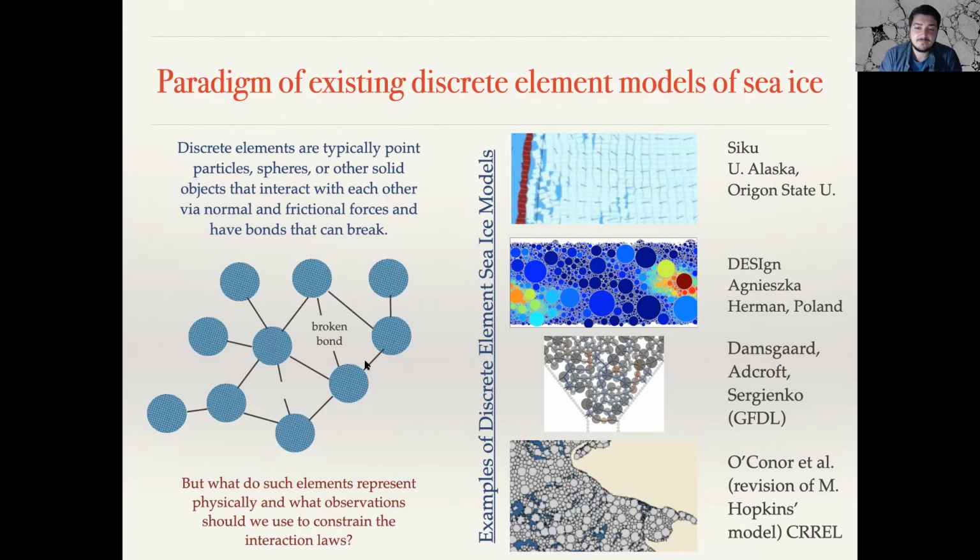Various models over here use different shapes. You can have squares, circles, or point particles, or any kind of shapes. I guess from other groups you will see some other shapes as well. But the idea here was that you would create bonds, and those bonds will represent the interaction between the elements.